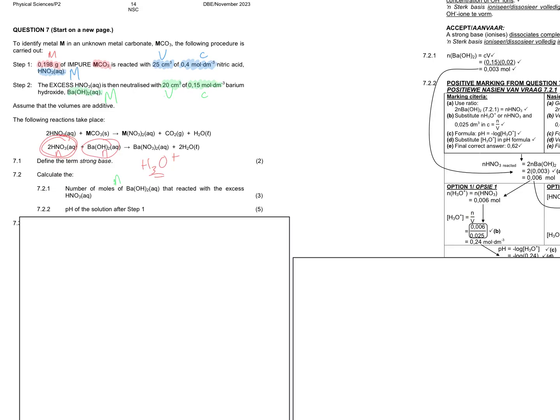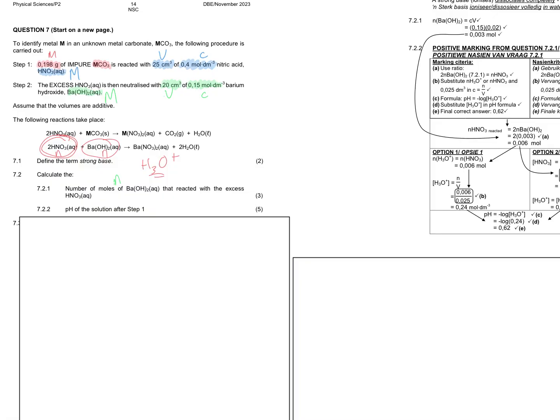It's in a volume of 25 because 25 of the nitric acid reacted with this, and then there was left over HNO3, which would still have been in a volume of 25. So you work out the concentration of the H3O+, and then that you simply smash into the formula for pH.